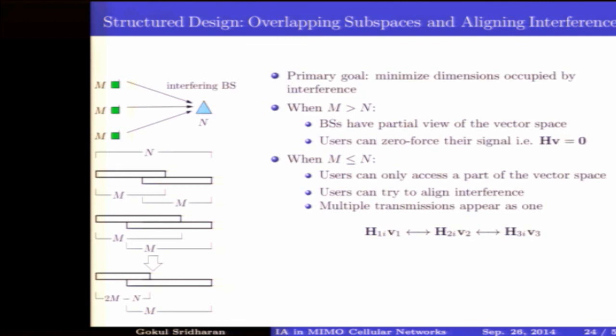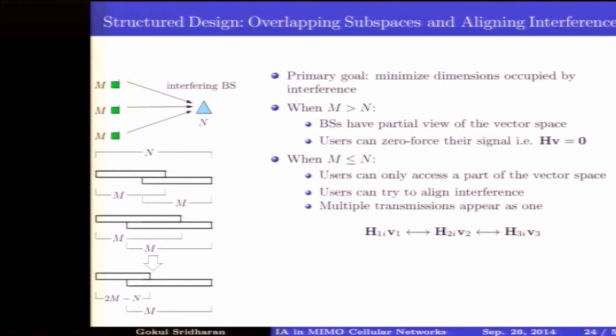So the way you go about figuring out how well you can pack requires you to understand how subspaces overlap with each other. In this case, suppose I have two users with M antennas each, and I had N antennas here. They see a space of size 2m minus n that's common to both of these receivers. So there is a way for them to transmit such that this base station sees those transmissions as a single transmission. I could go further.